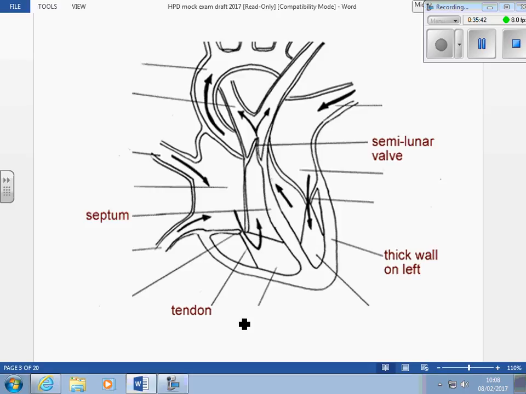All right, teacher technique. If we start with this one here, what's that? That is a pulmonary vein, coming back in on the left side of the heart from the lungs. Next label round is left atrium, followed by bicuspid, or mitral.